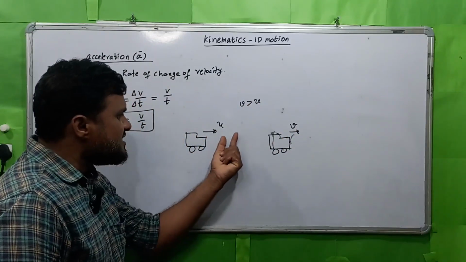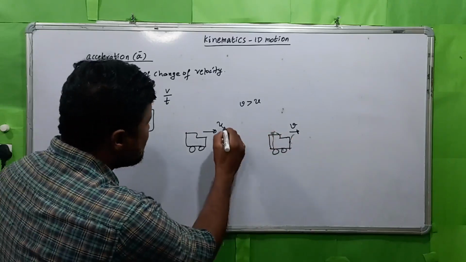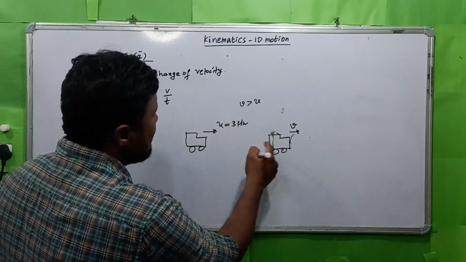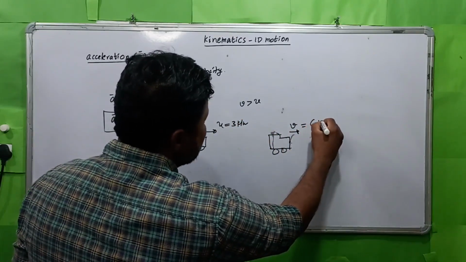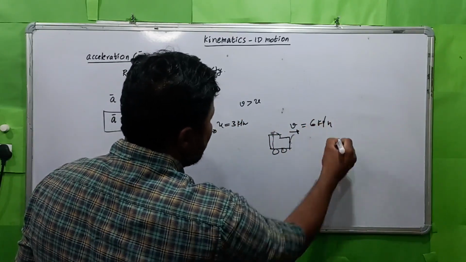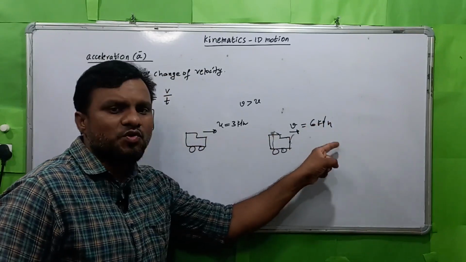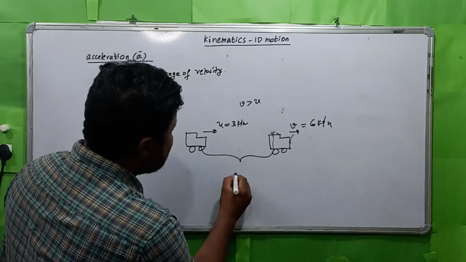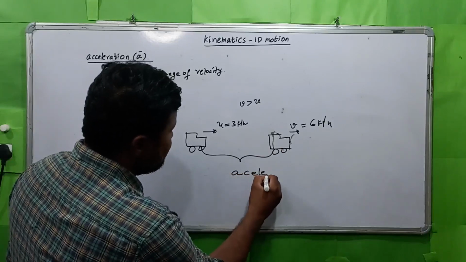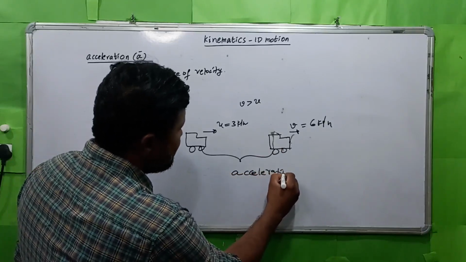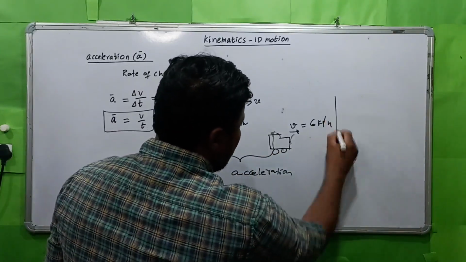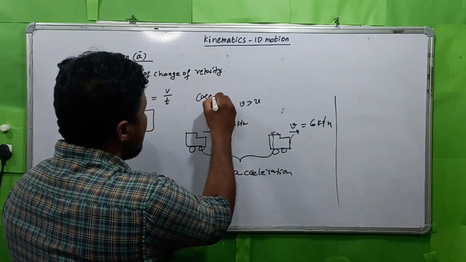Suppose u is taken as 3 km per hour and v is taken as 6 km per hour, then what happens? Velocity is going to increase. In this situation we will call this acceleration. This is nothing but acceleration. Suppose this is situation 1, or case 1.